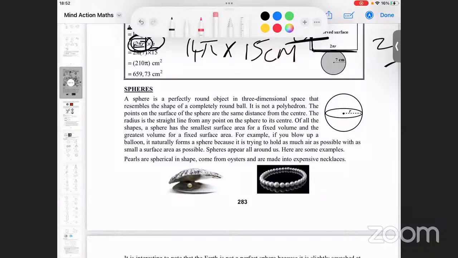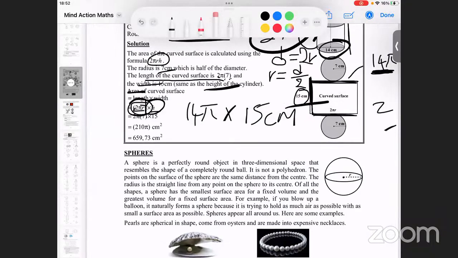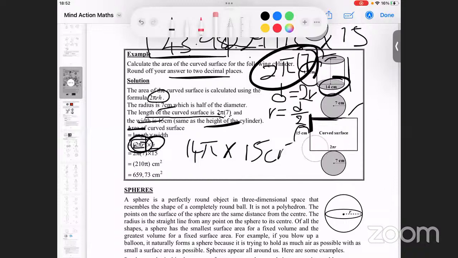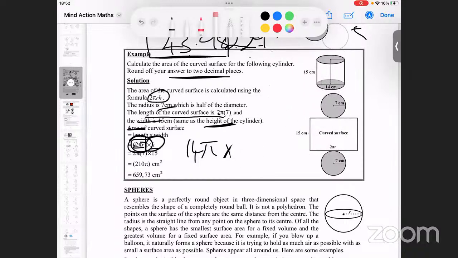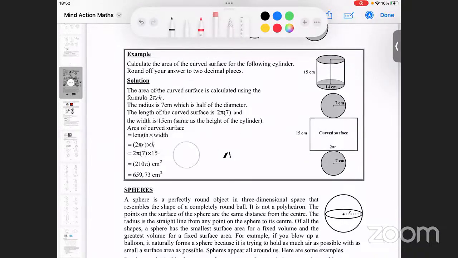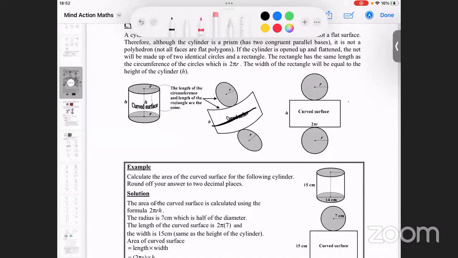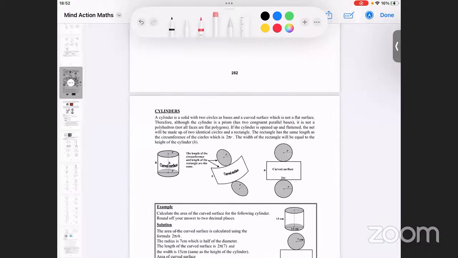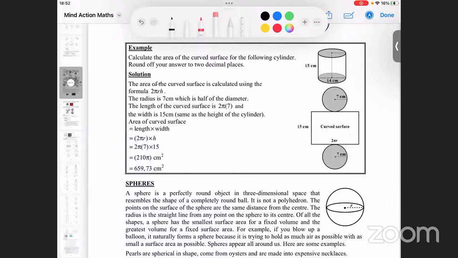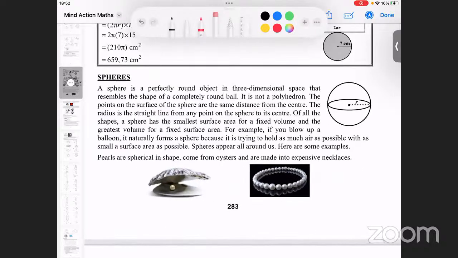Do you have a common example of a sphere-shaped thing? A marble. Yes. Perfect.